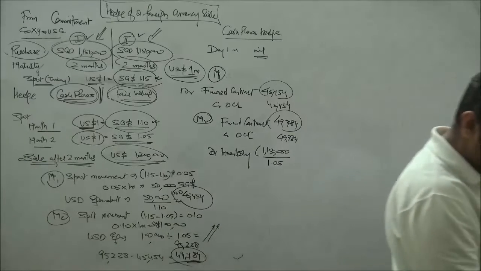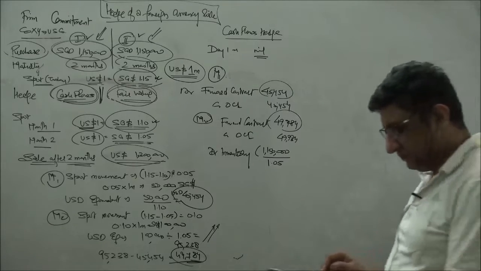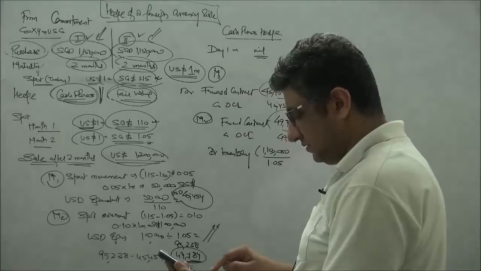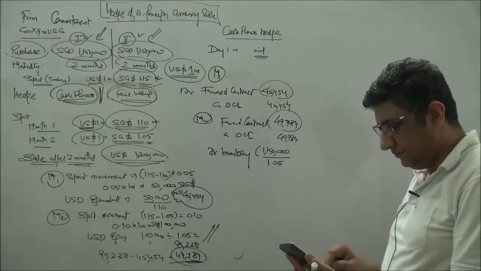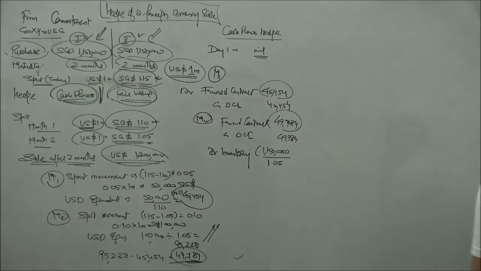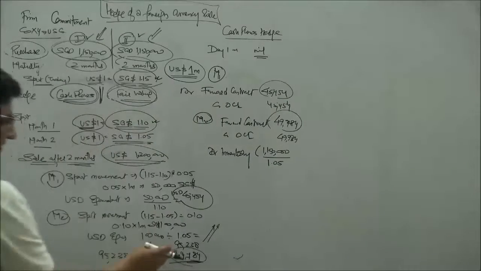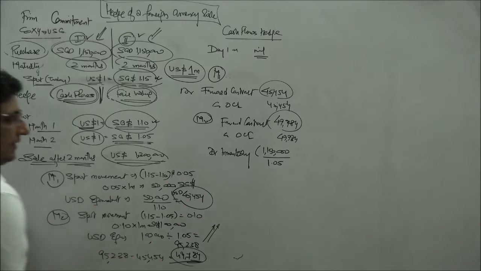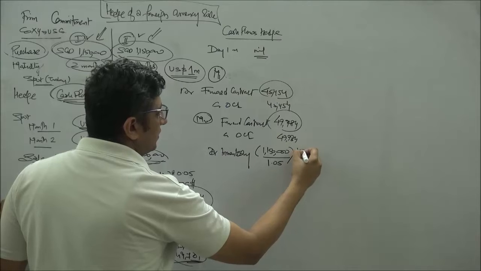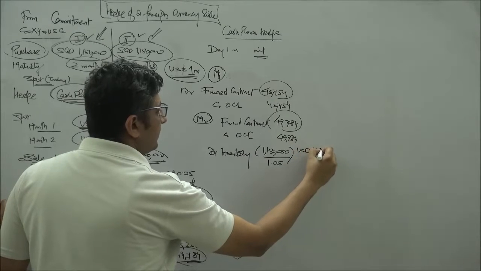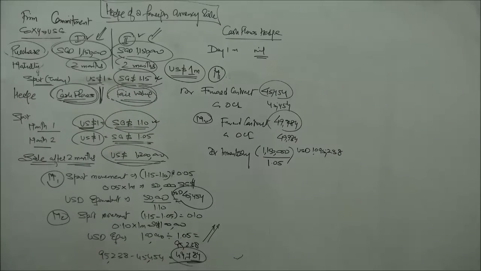So when I take this value, it gives me 1150000 divided by 1.05. That brings a value of 1095238, which is precisely the extra value of this 95238. So this becomes US dollar 1095238 here.